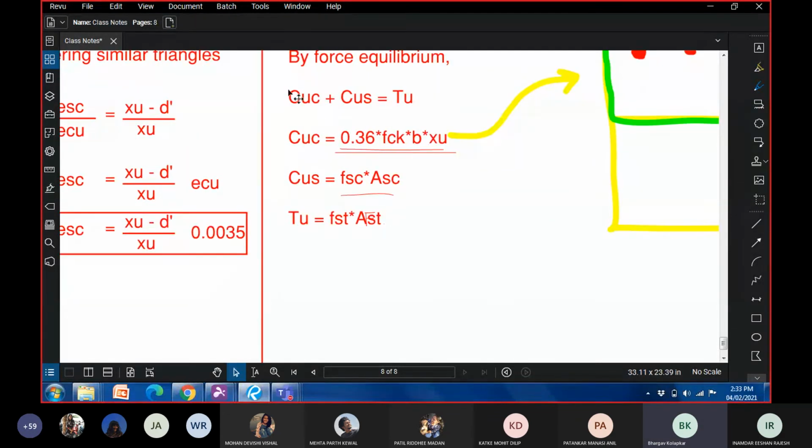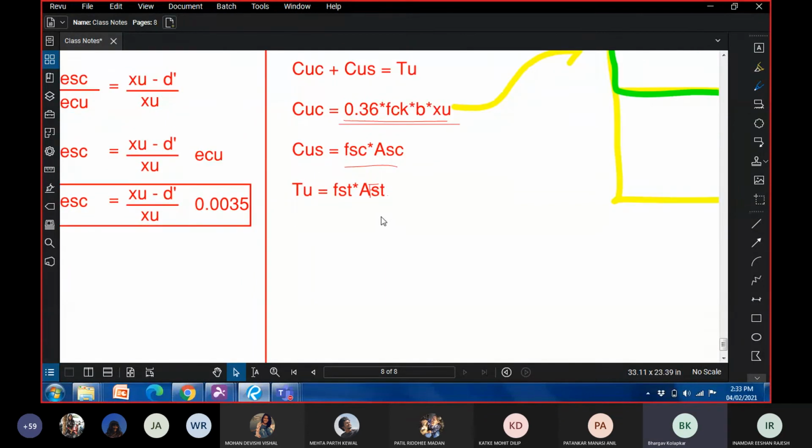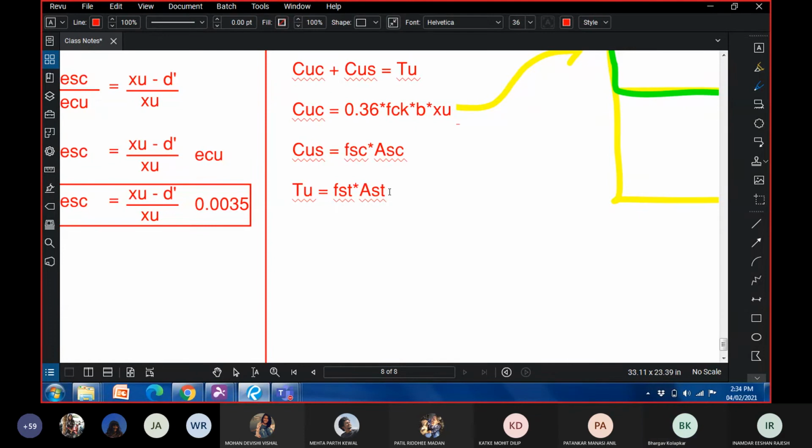Okay. So if we consider force equilibrium here, what we get is 0.36 FCK B XU plus FSC into ASC is equal to FST into AST.